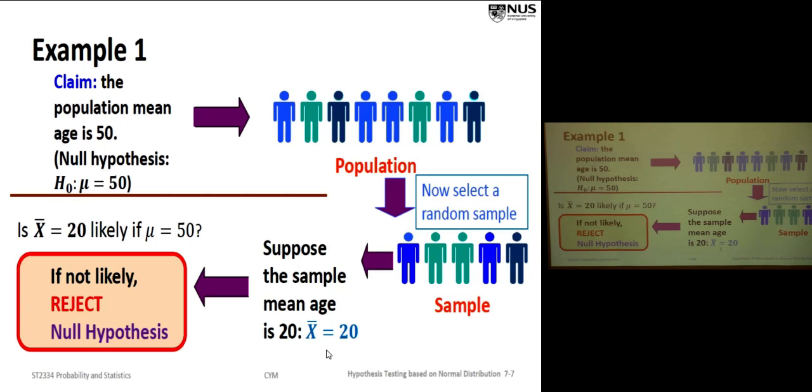The key point is that we want to construct a decision rule, on the basis of the data, for whether this hypothesis is reasonable. We got a data mean of 20, so you probably think the null hypothesis that the average age of individuals in Singapore is 50 is pretty unreasonable, and not likely. What that means is going to be quantified by a probability statement associated with a test statistic associated with the mean. Then we will be able to reject or not reject the null hypothesis.